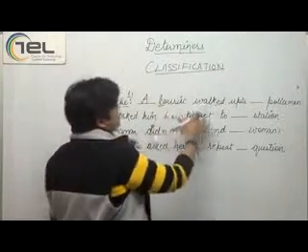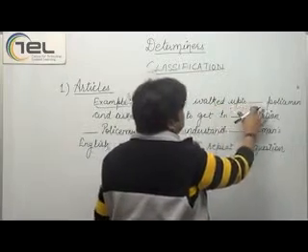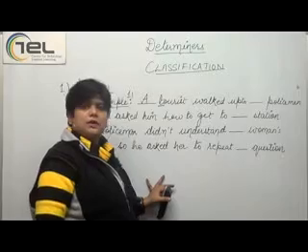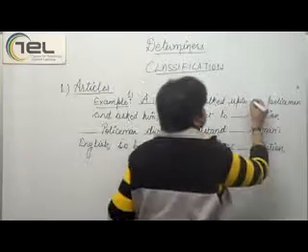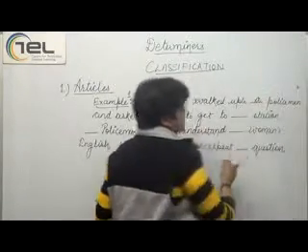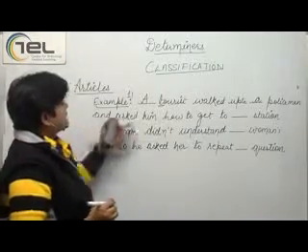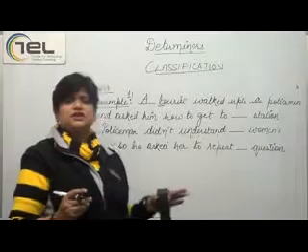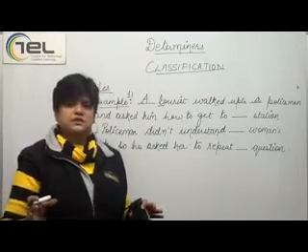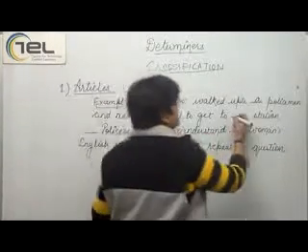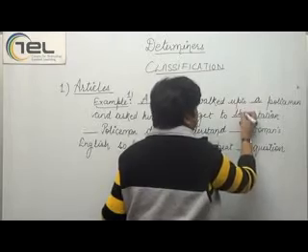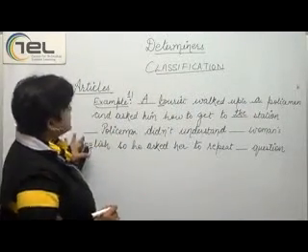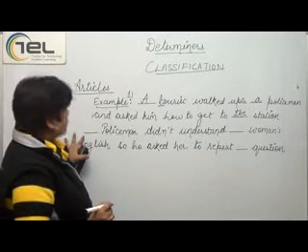So a tourist walked up to a policeman, where the p sound is coming, and asked him how to get to the station. Here she is specifying the station she is asking about. So the specification would require the here. So the station.